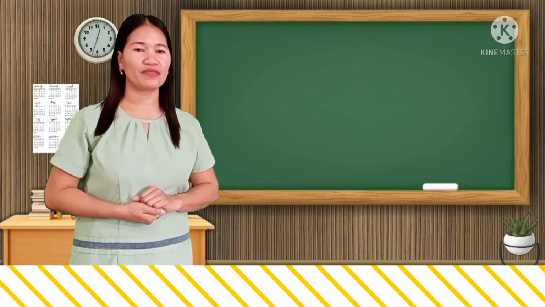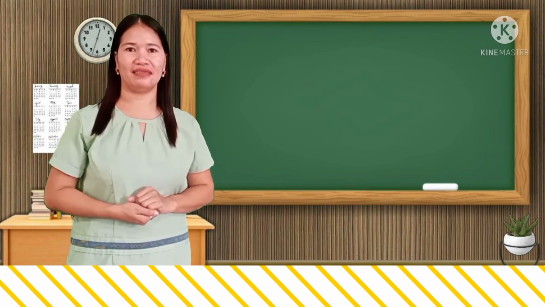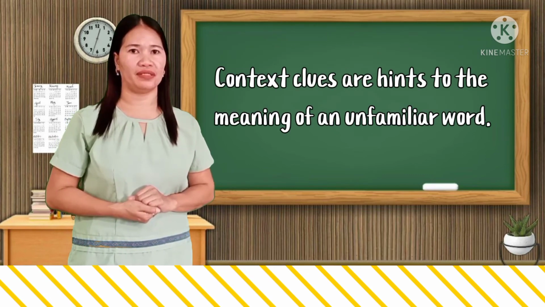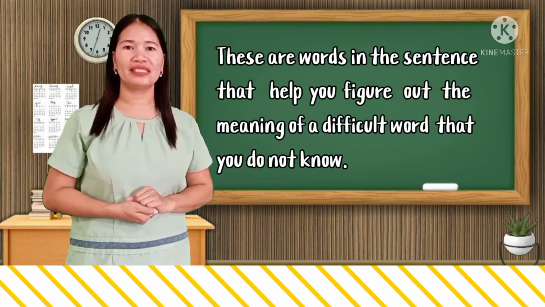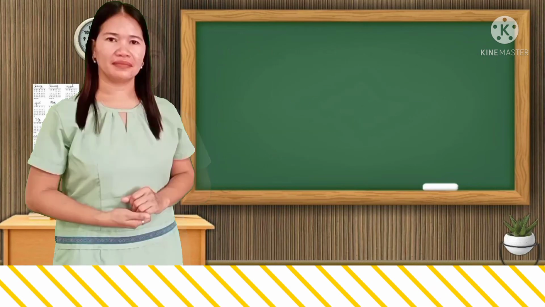Have you learned something from today's lesson? Great! You did it! Today, we have learned that context clues are hints to the meaning of an unfamiliar word. These are words in the sentence that help you figure out the meaning of a difficult word that you do not know.